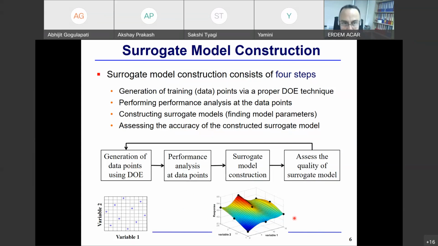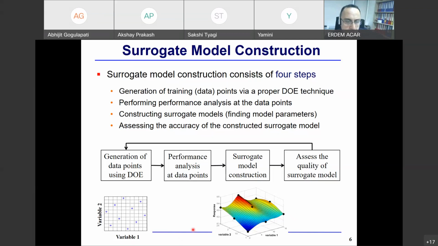Then using the training points constructed through a design of experiment technique and the corresponding response values or performance values, we construct our surrogate models. Construction of surrogate model means finding the parameters of that mathematical model. Then we assess the accuracy of the constructed surrogate model by using some metrics.